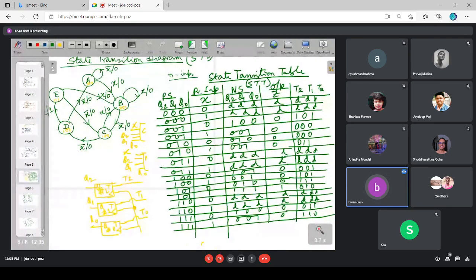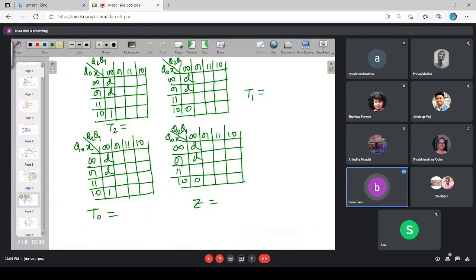Fine. Then 0 0 1 1, this cell, 0 0 0 0. Then 0 1 0 0, 0 0 0 0. 0 1 0 1, 0 1 1 0. Then 0 1 1 0, this cell, don't care. These two will be don't care.